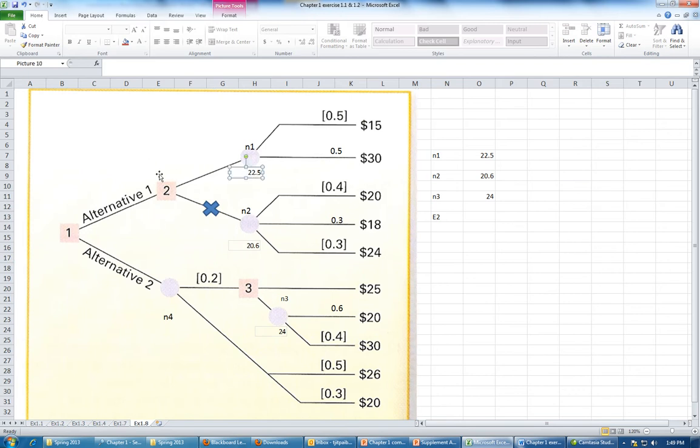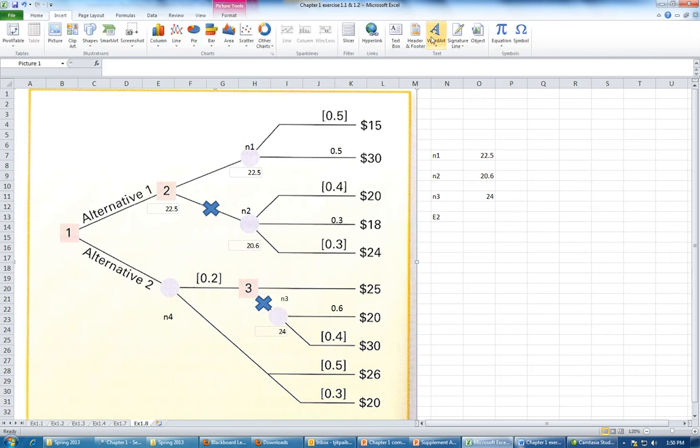So in this event number 2, the outcome will be 22.5. On event number 3, you have two choices. You have 25 and you have 24. So you can get rid of 24, and the outcome will be over here, which is going to be 25.